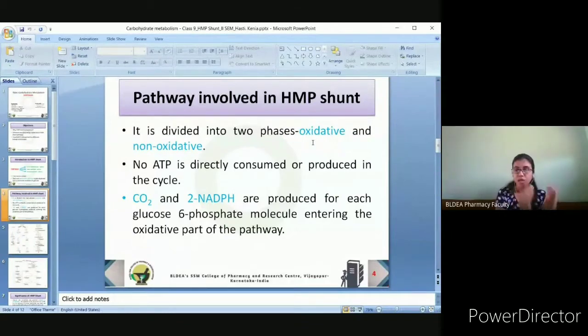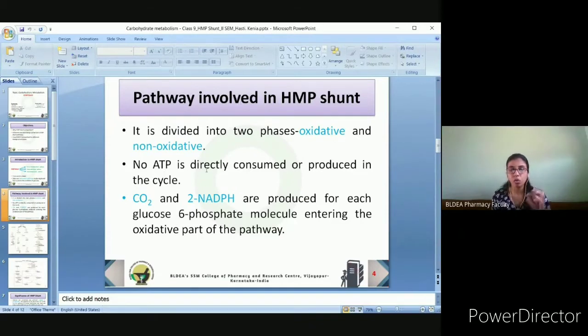In oxidative phase, oxidation of the starting material takes place, while in non-oxidative phase, whatever the intermediates are obtained, they undergo different series of reactions, and also they undergo a transfer of carbon from one compound to another compound, resulting in formation of two different products. In case of non-oxidative, there is no oxidation, just there is a transfer of carbon atoms between the intermediary compounds. That is the difference between these oxidative and non-oxidative phases.